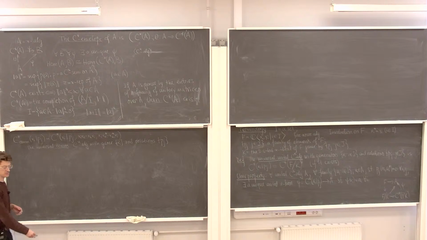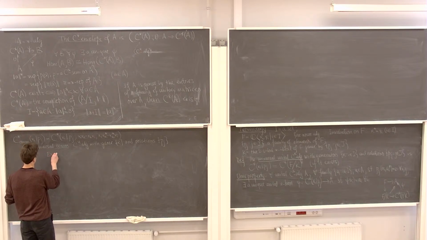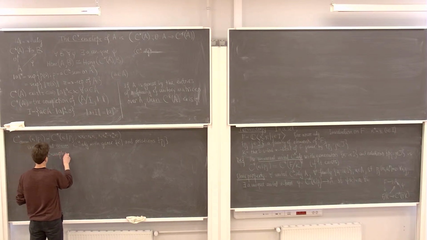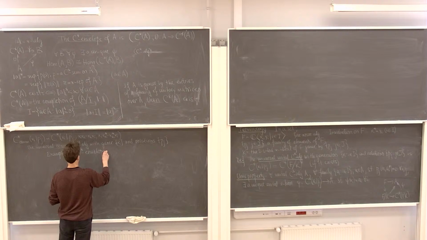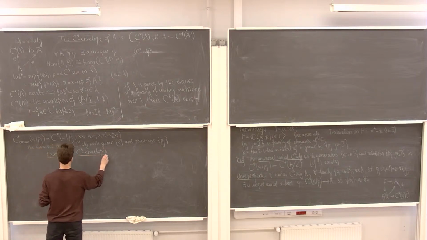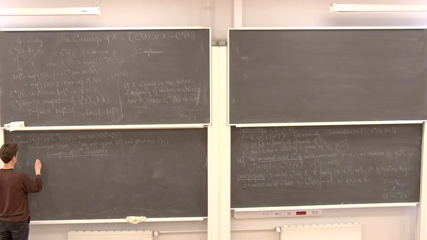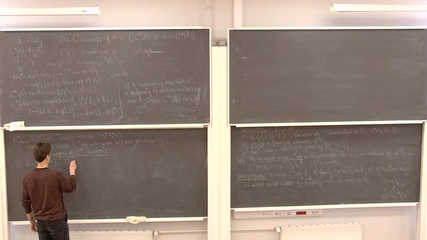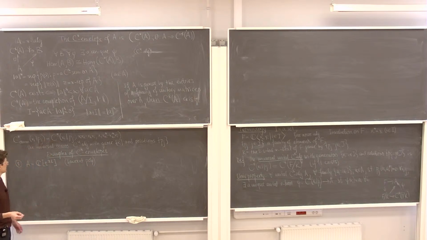Okay, so let's now look at some concrete examples of C-star envelopes. Example 1: let A be the Laurent polynomial algebra in variable t.